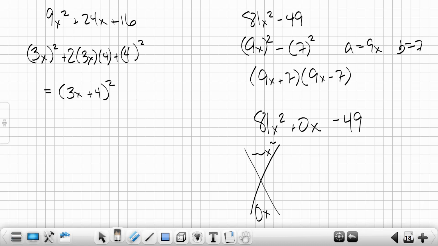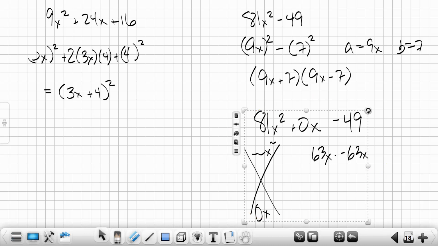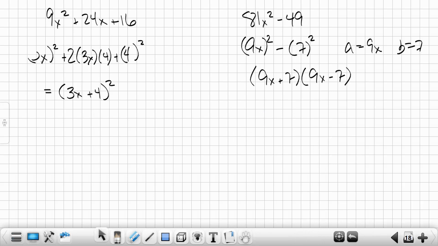When I write down my numbers that multiply to this, some set of them are going to cancel. It's going to be 63x times negative 63x, one of my middle factors, and that will create the 0. Then I'll end up putting a 0 over here, and I'll get a 9x and 7 and a 9x and 7. So anyhow, I just want to let you know it would have still worked. It's not important.